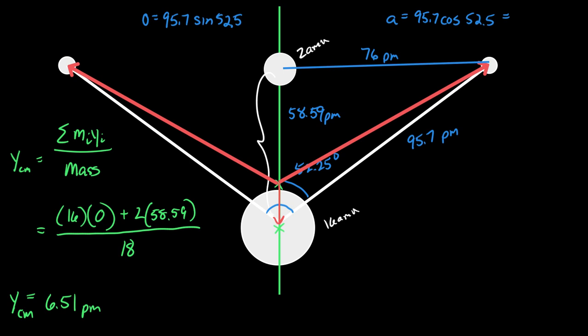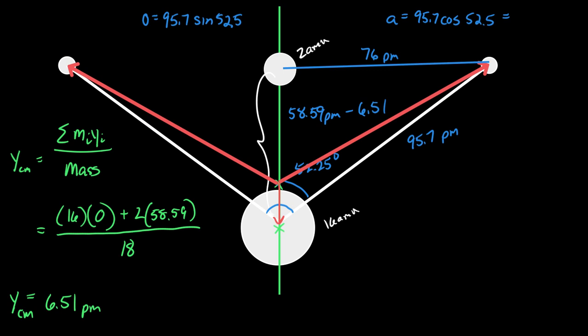So if I get this number, I know that this length from here to here is 58.59 minus 6.51. And so I can find the hypotenuse of, let me see, can I draw a triangle right? Nope. I can find the hypotenuse of that triangle. You guys see what I'm trying to do?